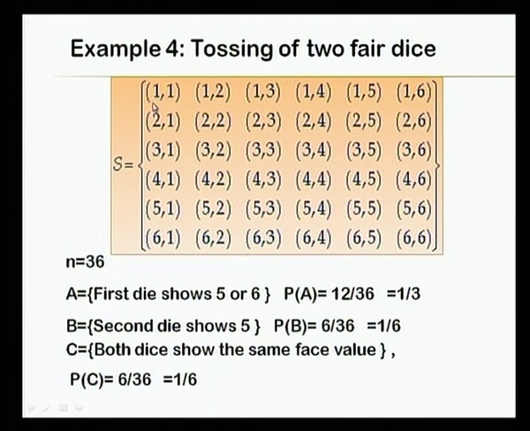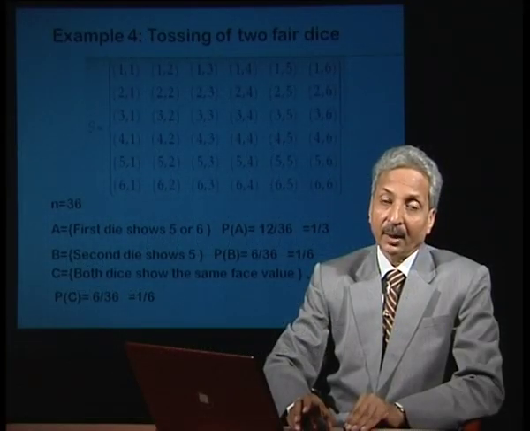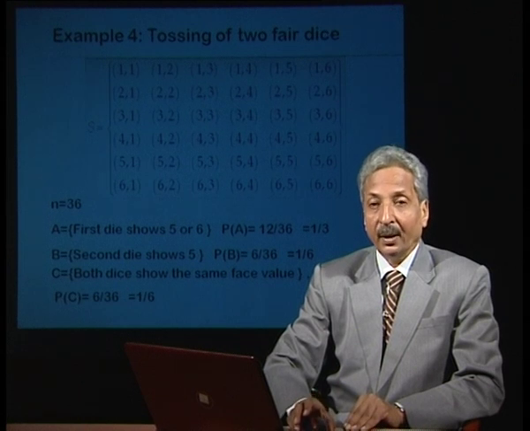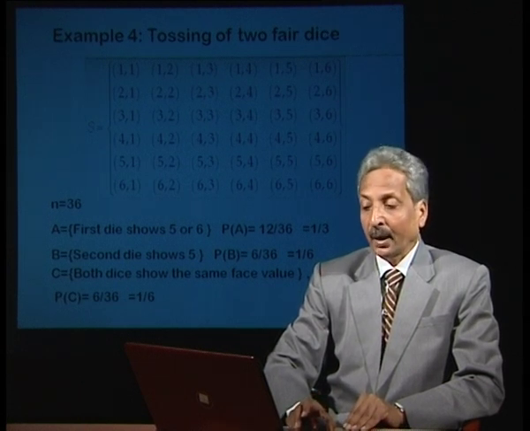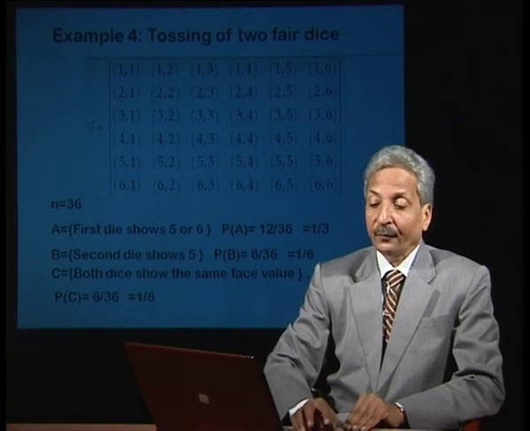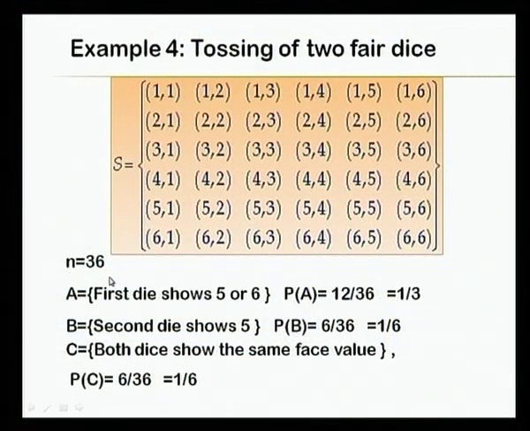So, this way we have the outcomes as 1 1, 1 2, up to 1 6, 2 1, 2 2, up to 2 6, and so on up to 6 1, 6 2, up to 6 6. So, there are 36 possible outcomes in this experiment, or we can say that our sample space contains 36 elementary events. So, here the value of n is 36.